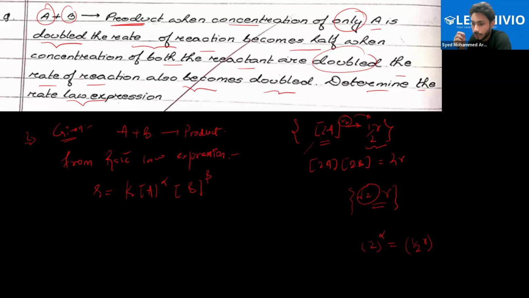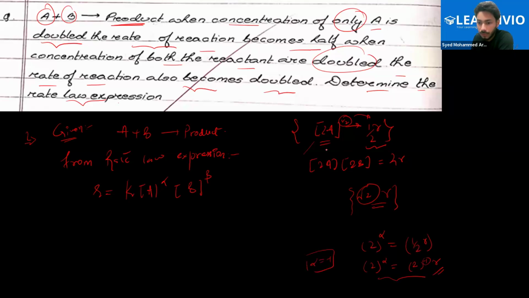What power of alpha is to be there so that you get the answer as half? If you see here, 2 to the power -1 gives half. So you'll end up getting half if the power alpha equals -1.